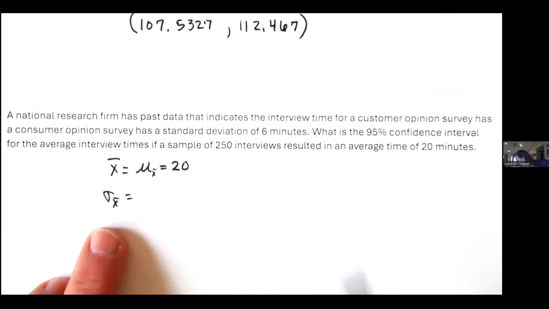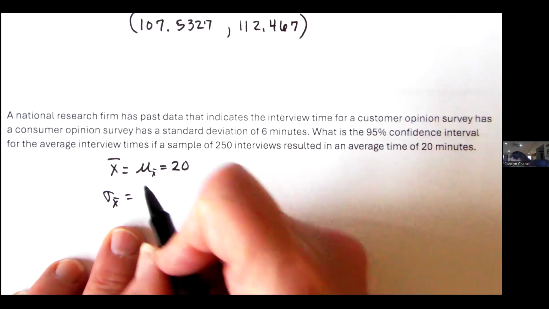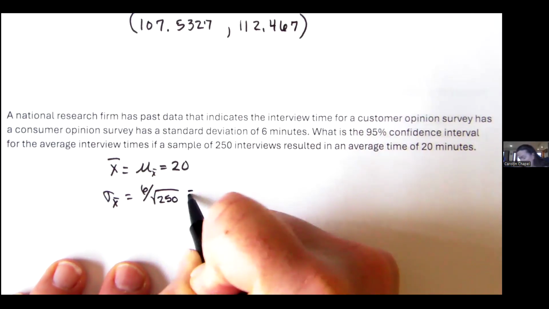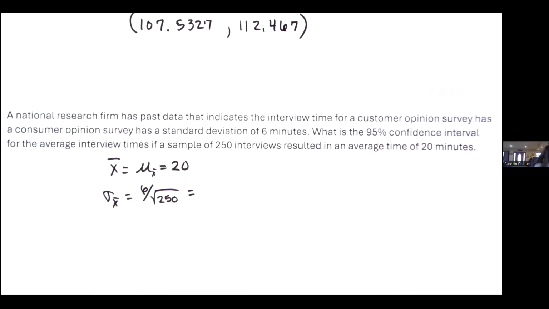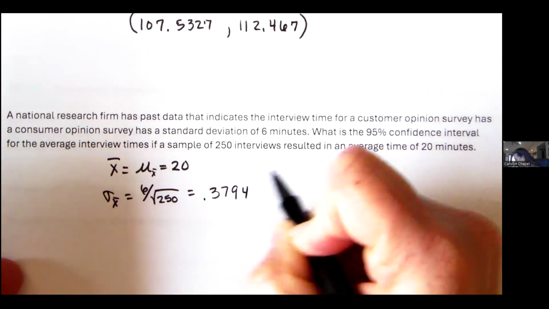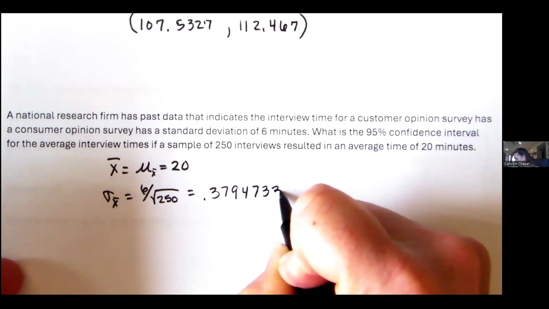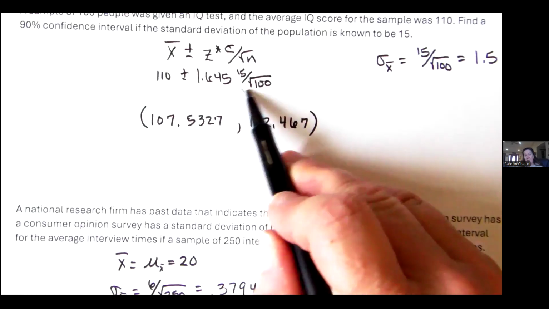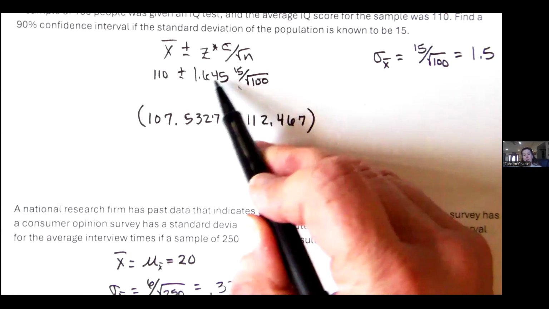SALT will need that standard error. And the standard error is going to be that 6 divided by the square root of 250. I am going to need to get that in decimal form so that I can enter it into SALT. So taking 6 divided by the square root of 250 gives me 0.379473319, which if you were doing it by hand, you'd have to calculate anyway, because you calculate that piece right here, and then you multiply it by the Z star.